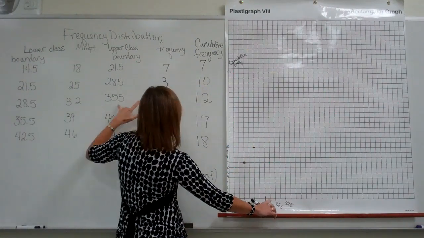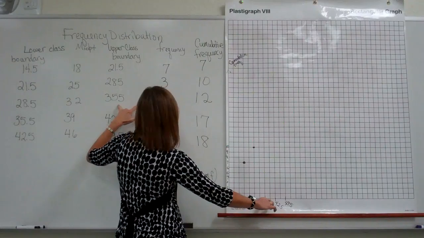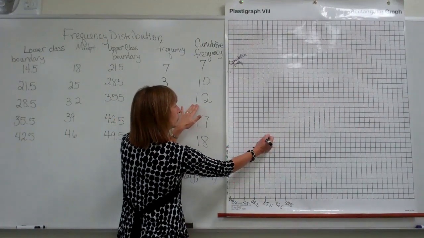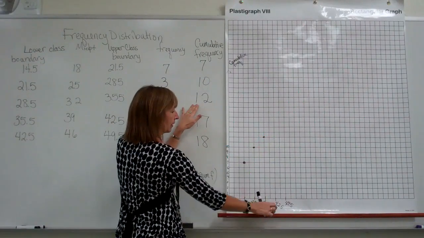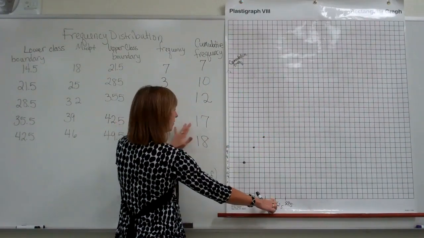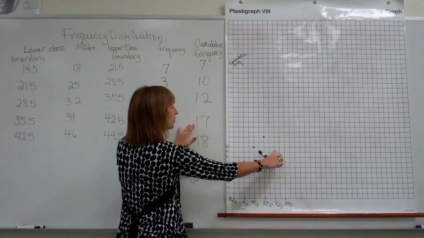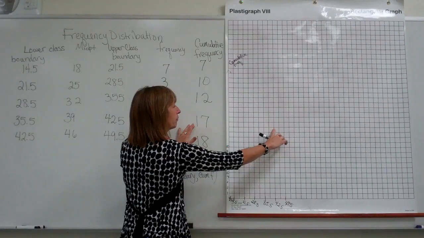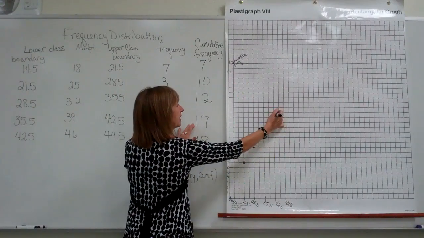Then the third class's upper class boundary is 35.5, with a cumulative frequency of 12. For the fourth class, our upper class boundary is 42.5, and a cumulative frequency of 17. So this was 12, 13, 14, 15, 16, 17.